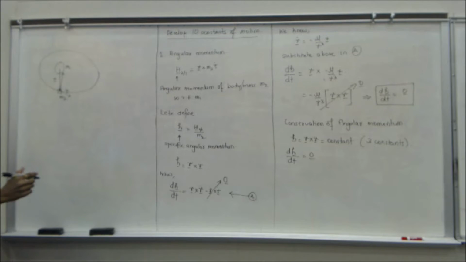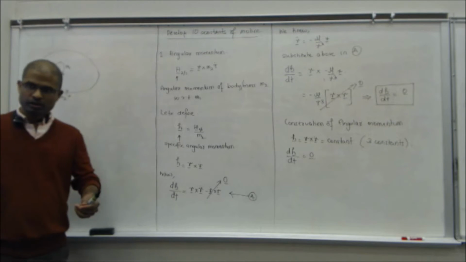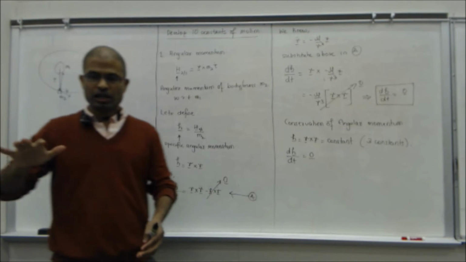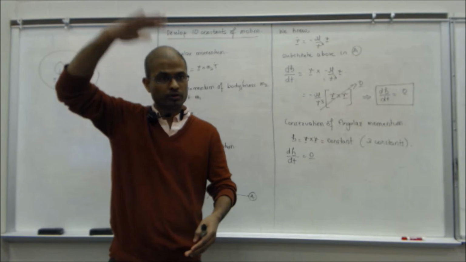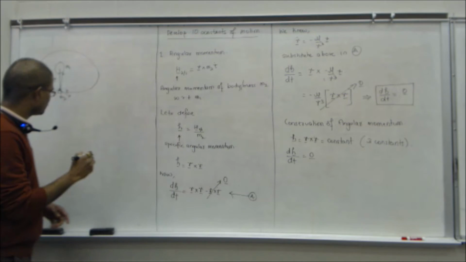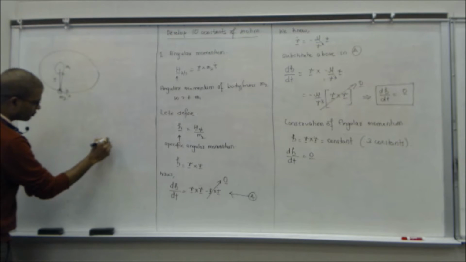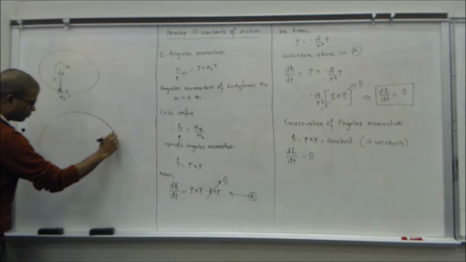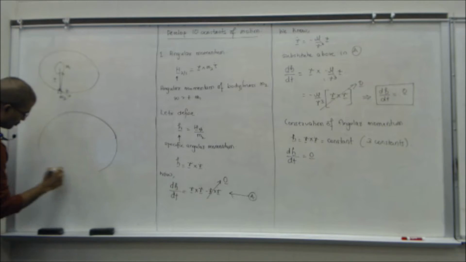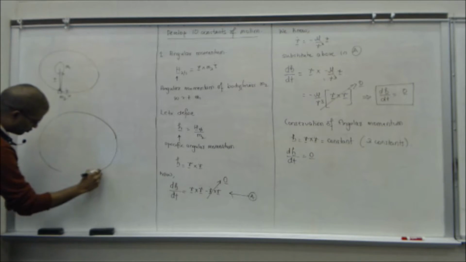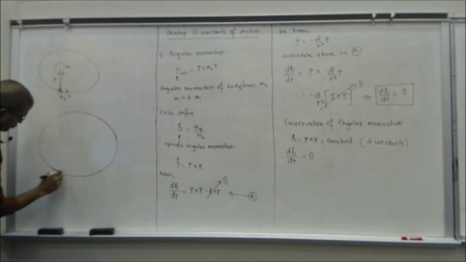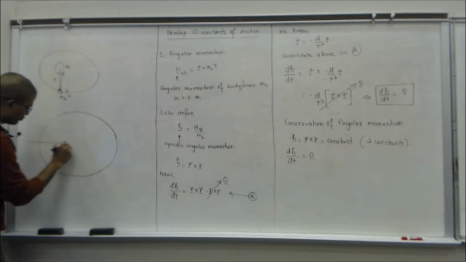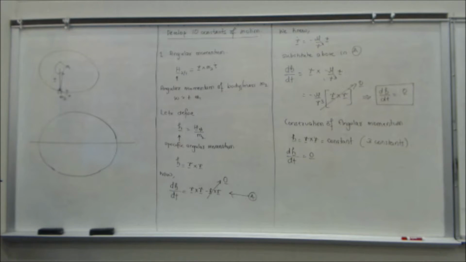Most of our discussions are going to require you to visualize the orbital plane from the top view. So if I draw this, this should be an absolute top view of the orbit.